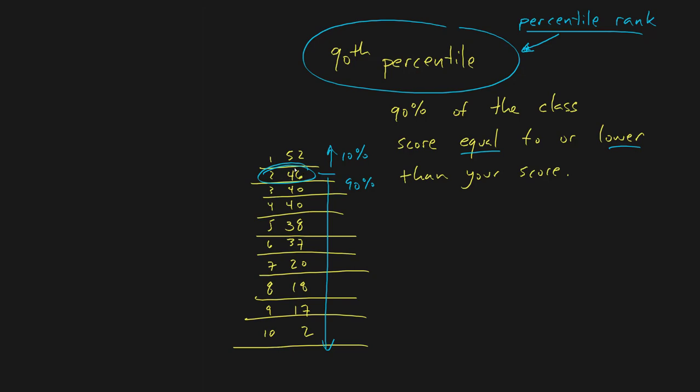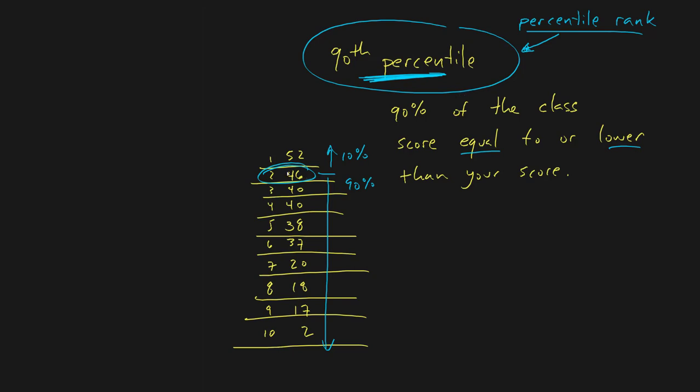We can see here you only got a 46 in your exam, but once the class is put into order in terms of their marks, you are the dividing point between the lower 90% and the upper 10%. So that's what a percentile rank is. It tells you where your particular score falls in the distribution.